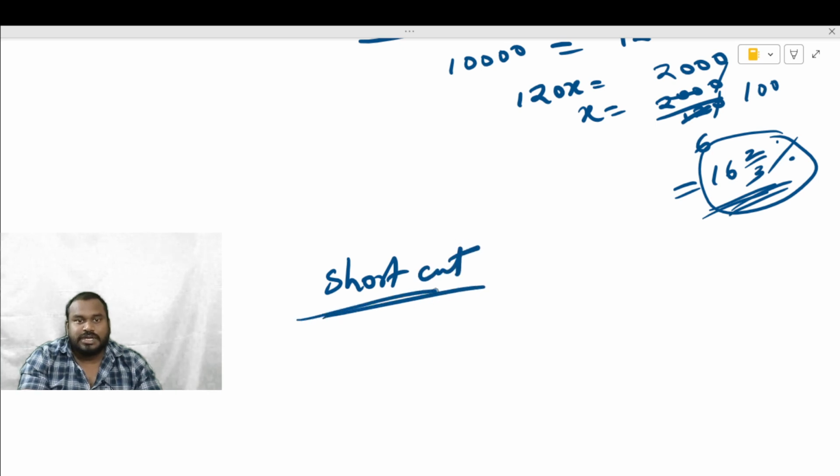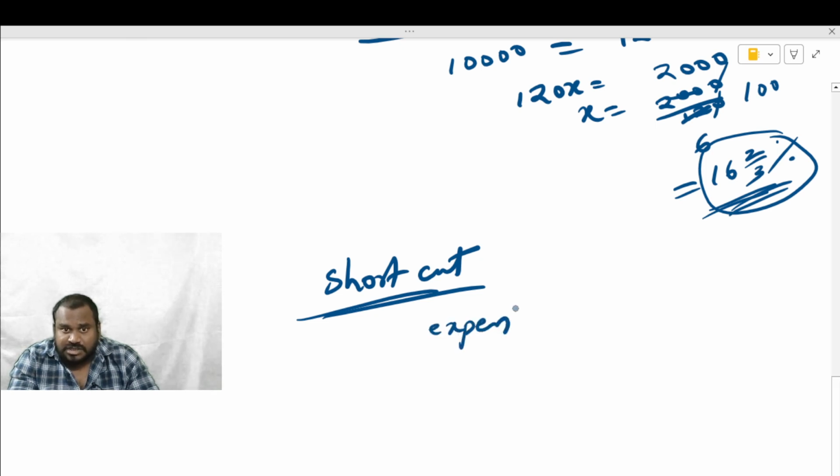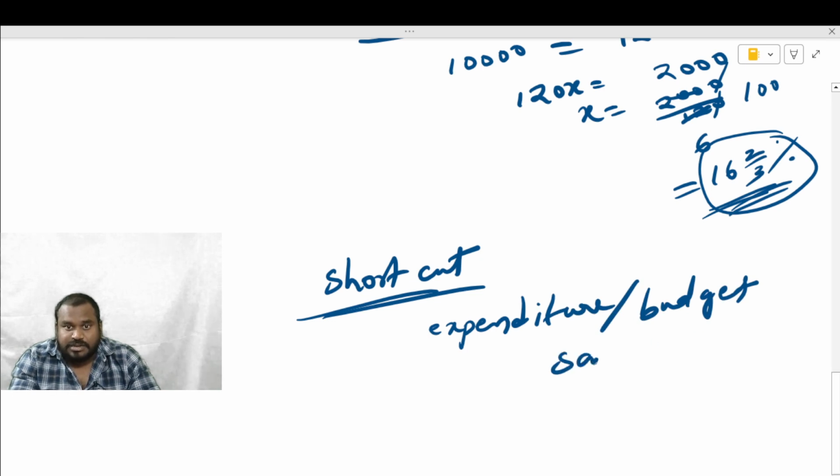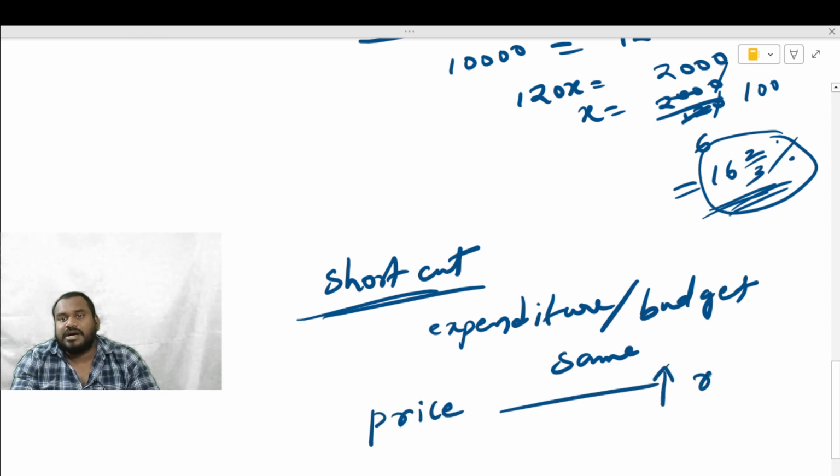Very important concept because it was asked in many exams I have seen. Suppose the budget or expenditure is the same. When these are the same, suppose price increased by R%.